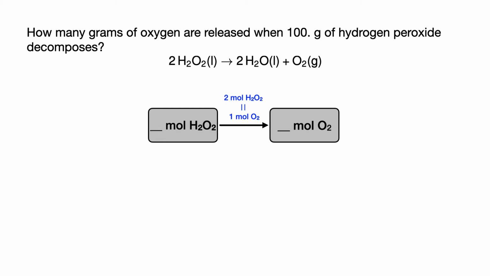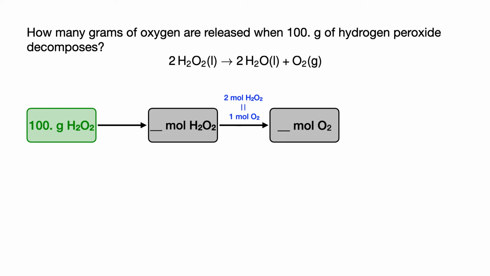Now the question is asking about the number of grams of the substances. And so before we can use this stoichiometric relationship, we need to convert the 100 grams of hydrogen peroxide into the number of moles. We do this using the molar mass of hydrogen peroxide.